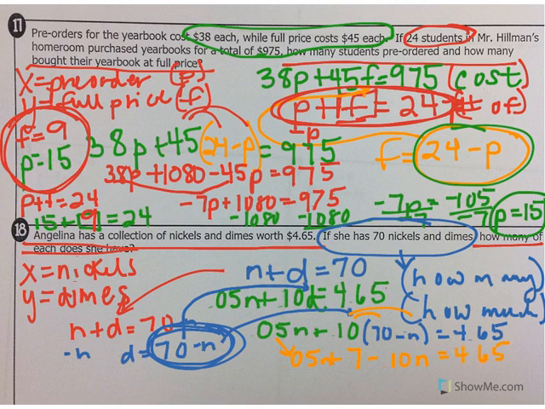So now you can combine like terms, so my n's are the same. So I have 0.05 minus 0.10, and that gives me a negative 0.05n plus a 7, and that equals 4.65.